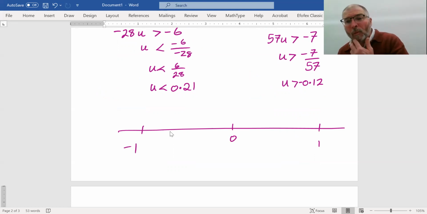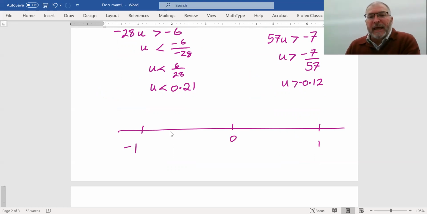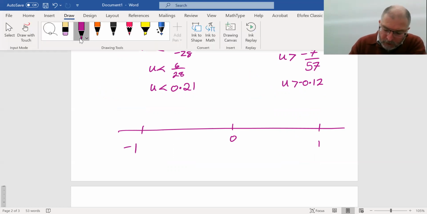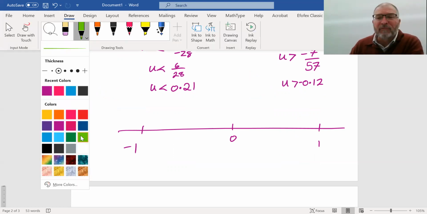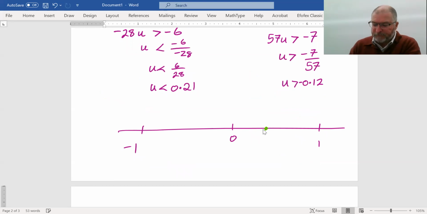I'm going to plot where U is allowed to be, but I'll do it with a different color, some lovely green. So 0.21 is sort of there, and negative 0.12, like negative 1/10-ish, is about here.